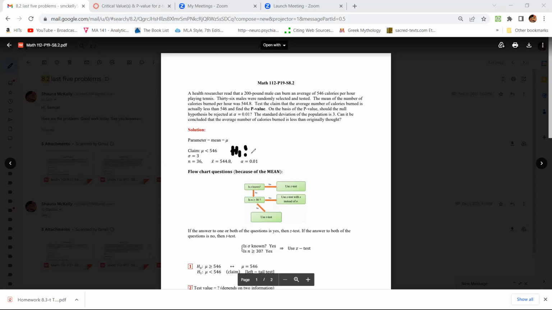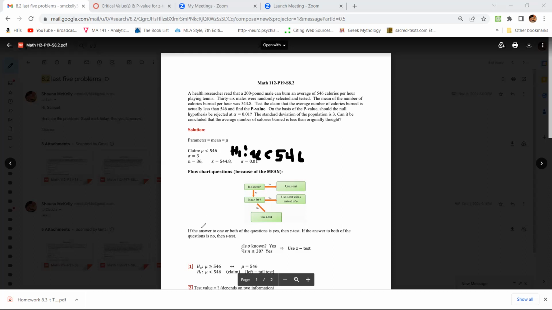So mu is less than 546. Now we do our regular situation to decide which one is the test. This is mu.